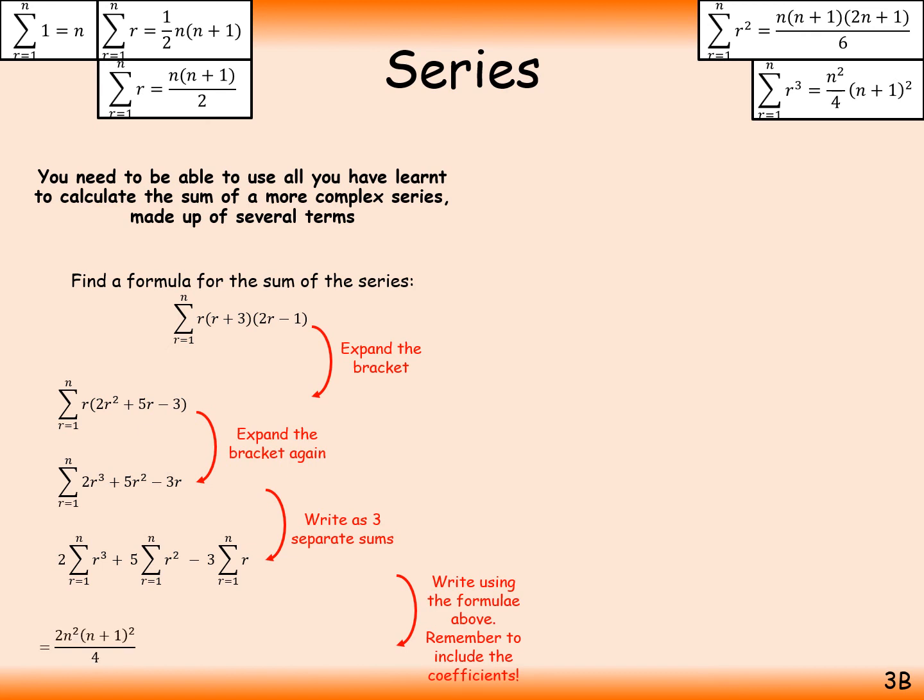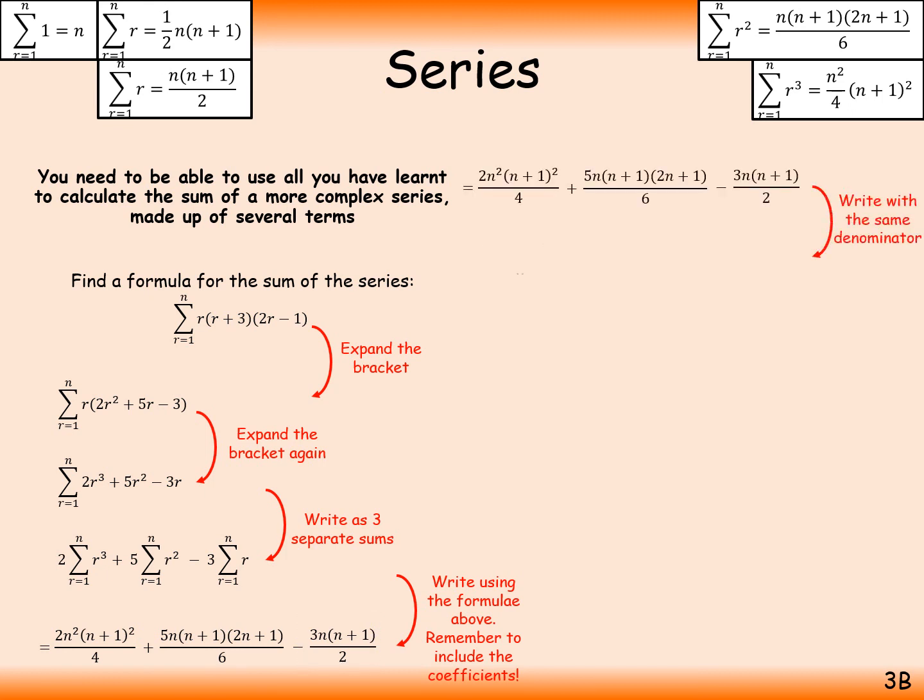And then using the formula at the top here, substitute this in and simply multiply by 2 on the first one, 5 on the second one, and 3 on the next one. And now we could give this all a common denominator, so give it all in terms of 6.